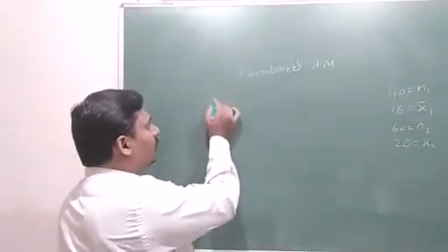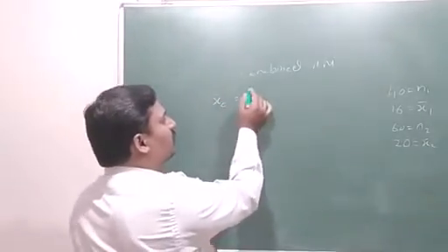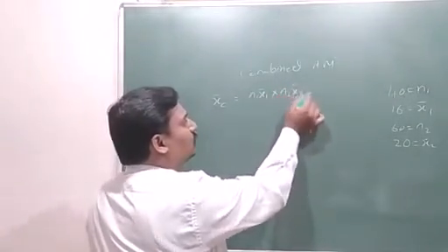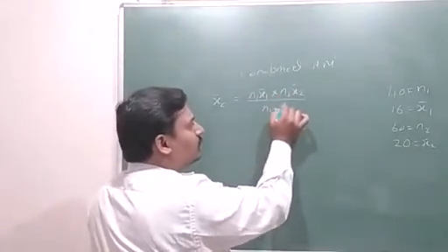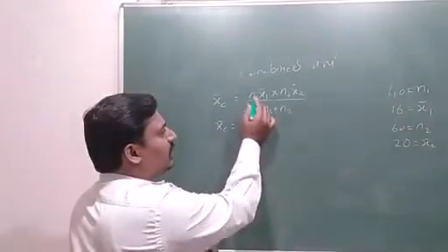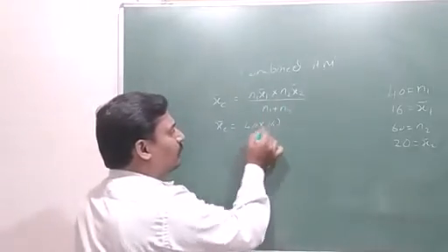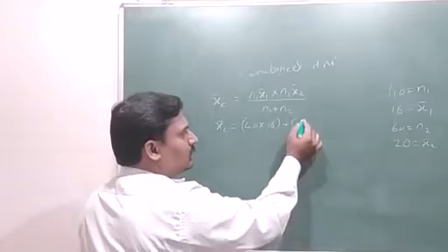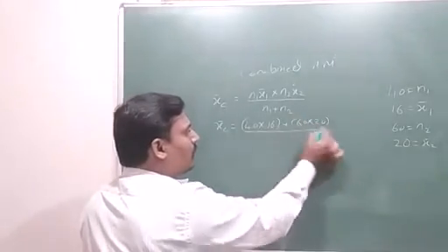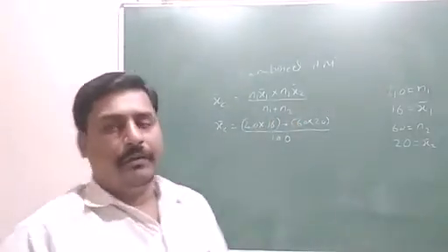Now the formula for combined arithmetic mean: x bar c is equal to n1 x bar 1 plus n2 x bar 2, divided by n1 plus n2. So x bar c is equal to n1 is 40 into x bar 1 is 16, plus n2 is 60 into x bar 2 is 20, divided by n1 plus n2 is 100, as given in the problem itself.